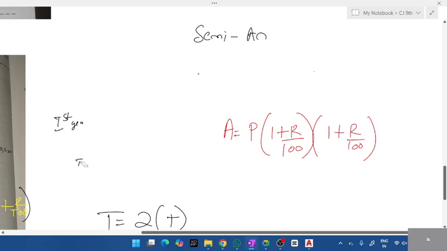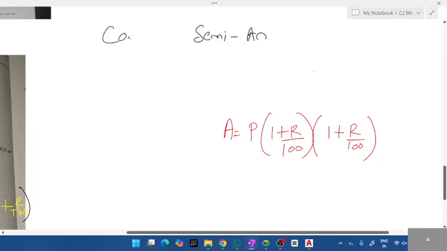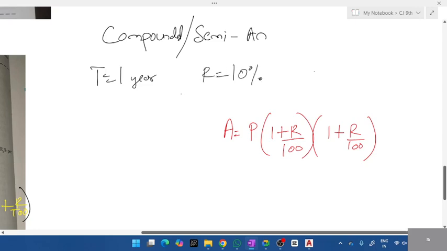This word will be mentioned. Remember, the semi-annual word should be mentioned in the question. They'll write the word compounded semi-annually. Compounded semi-annually, which means time 1 year, rate is equal to 10%. This is the question given.